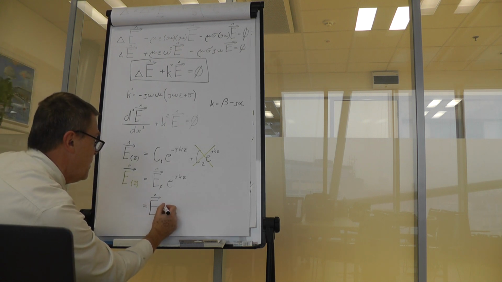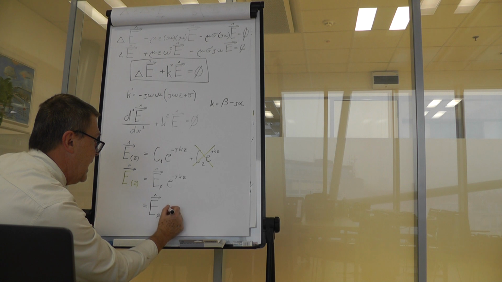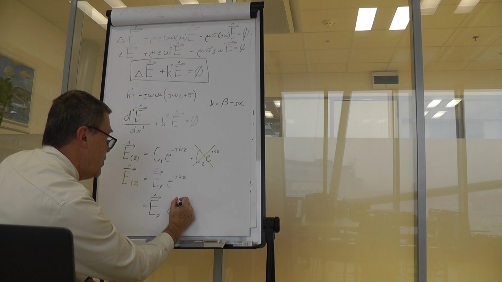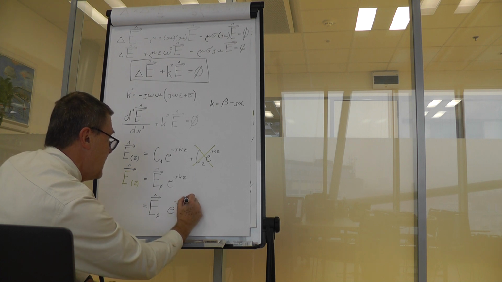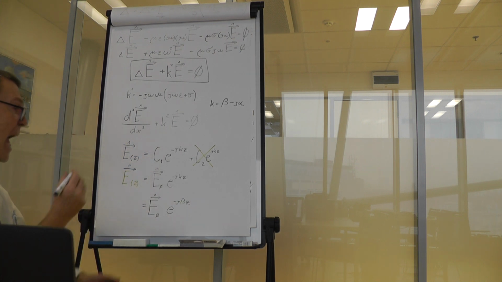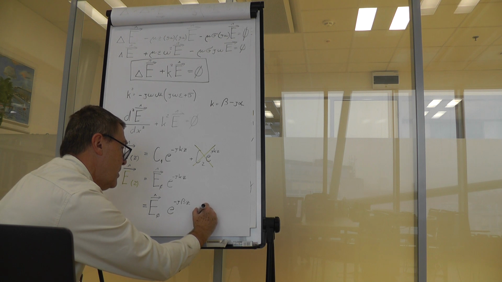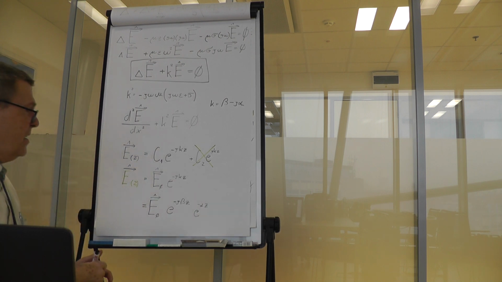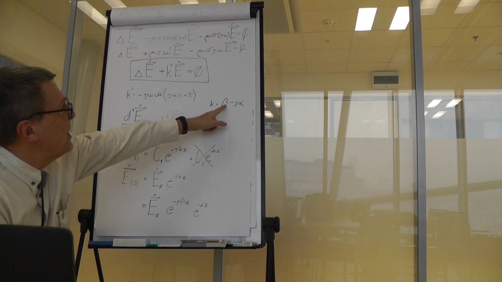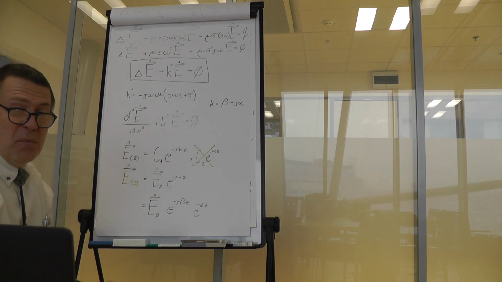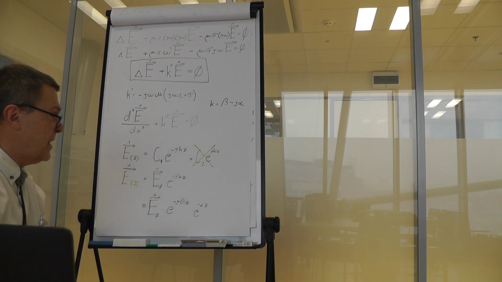And those two terms would be e raised to minus j beta z and e raised to minus alpha z, where beta is the real part of the propagation constant and alpha is the imaginary part of the propagation constant.